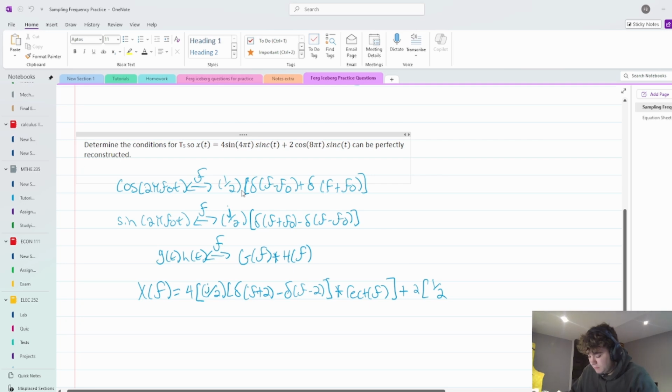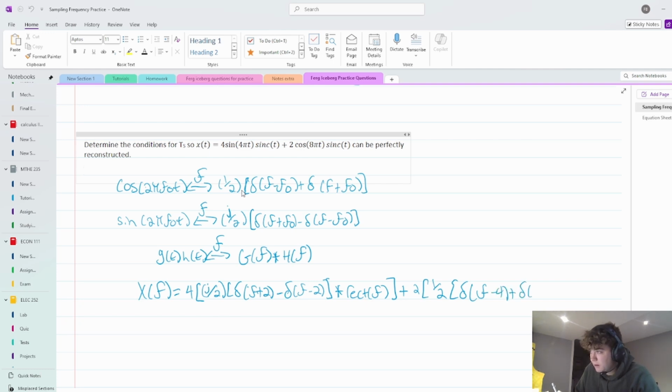So you get the impulse of f minus 4 plus the impulse of f plus 4. And that's going to be convolved with sinc, which once again just transforms into the rectangle f.